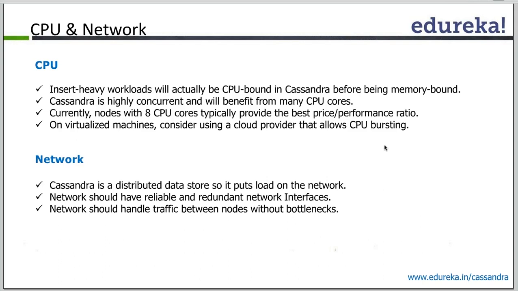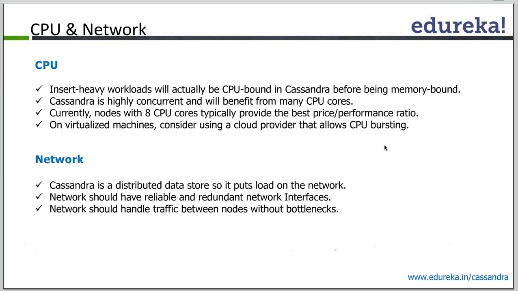We all know Cassandra is highly concurrent and will naturally benefit from many CPU cores. But if you look at scaling vertically, where you add more and more CPU cores to the system, the price of your hardware automatically goes up. So if you want the best price performance ratio, the recommended configuration for a Cassandra cluster is 8 CPU cores, or rather the most commonly used version is 8 CPUs.